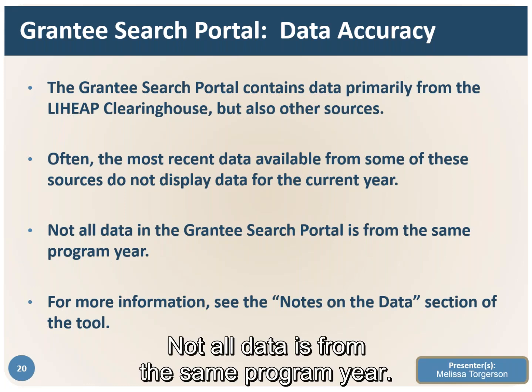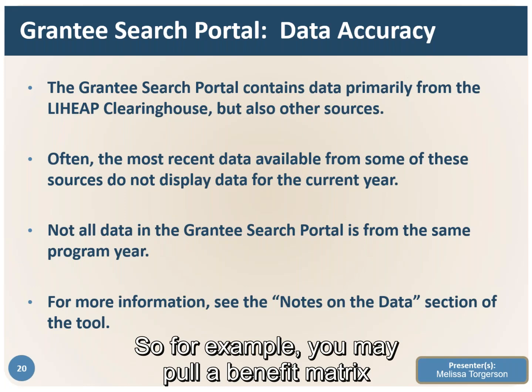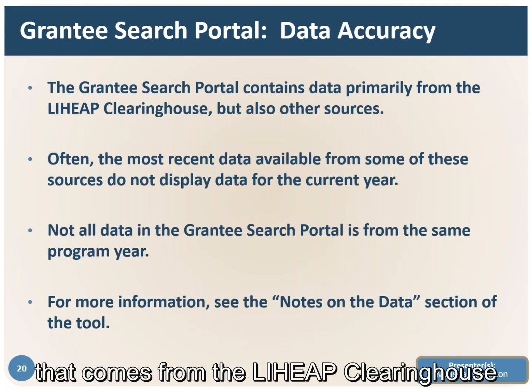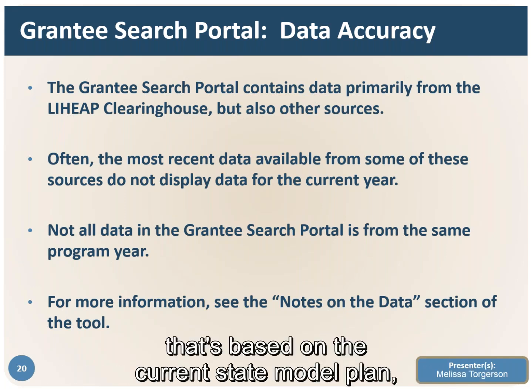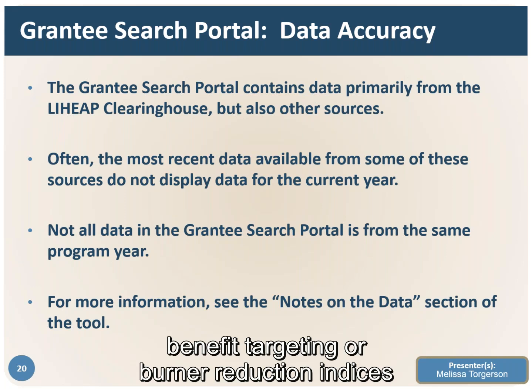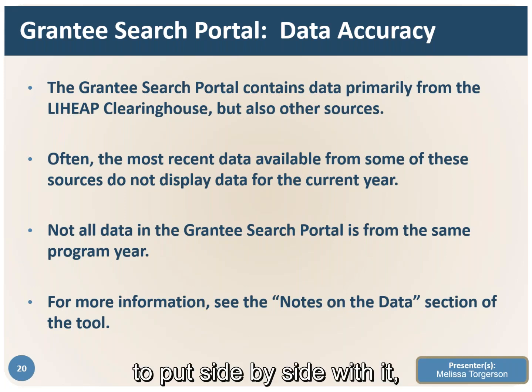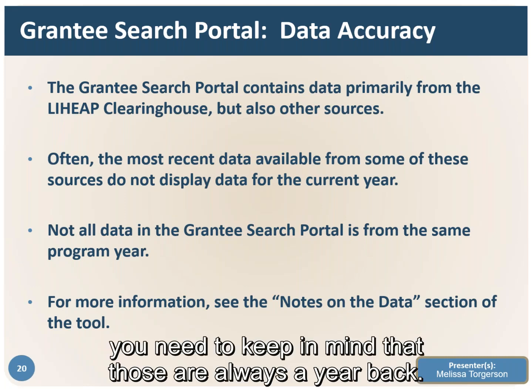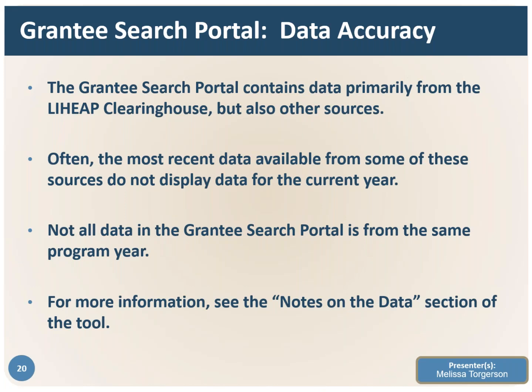Not all data is from the same program year. So for example, you may pull a benefit matrix that comes from the LIHEAP clearinghouse that's based on the current state model plan, but when you go to pull benefit targeting or burden reduction indices to put side by side with it, you need to keep in mind that those are always a year back.